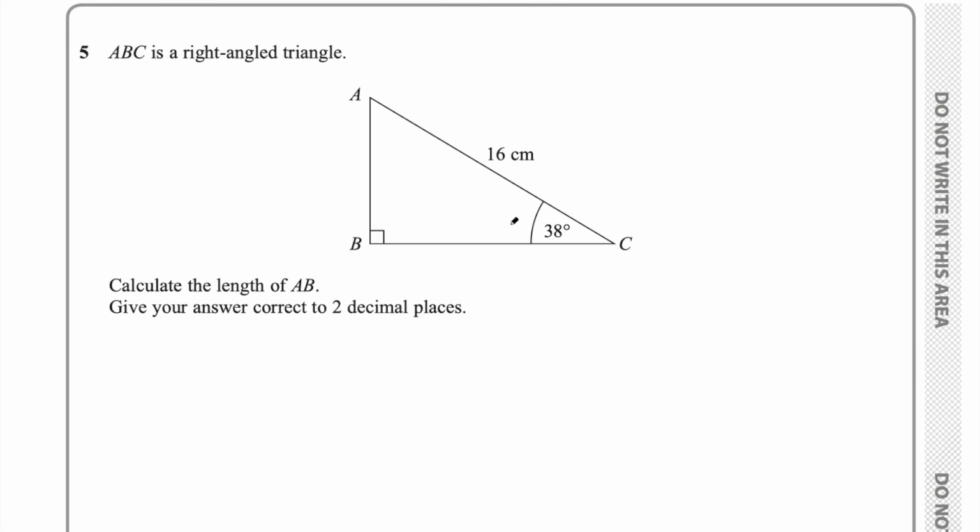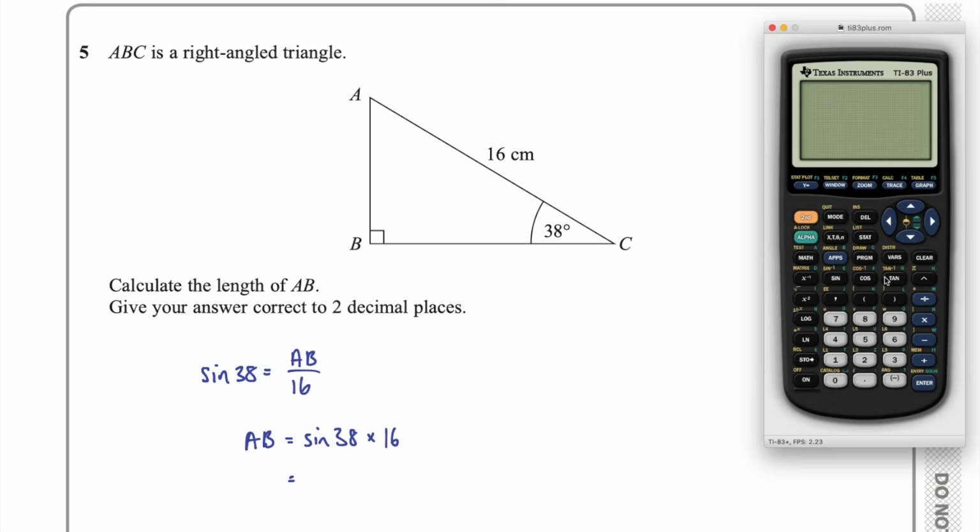And the equation that we can create is going to be the sine of the angle they give us, sine of 38, equal to the opposite side, AB, divided by the hypotenuse, 16. Once you've got this equation, you can rearrange to find AB. So AB is going to equal sine of 38 multiplied by 16. And then we can go ahead and plug that into a calculator.